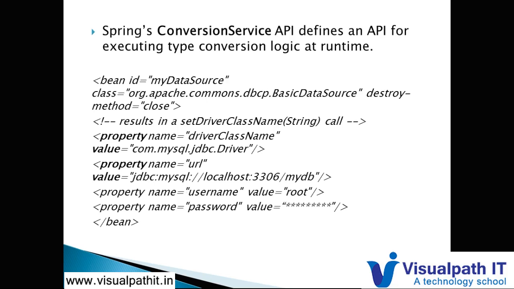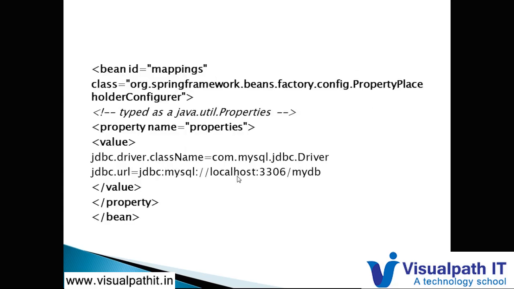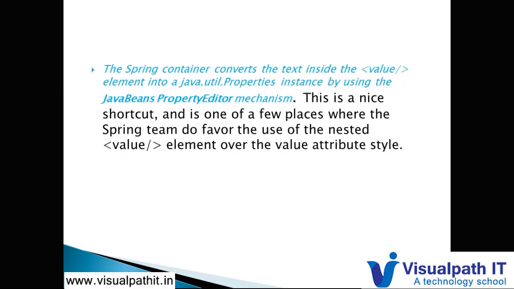There is an API called the Conversion Service API within Spring, which defines an API for executing type conversion logic at runtime. It helps in type conversion logic execution at runtime. So this is how we can represent using the primitives. What exactly does the core container do?